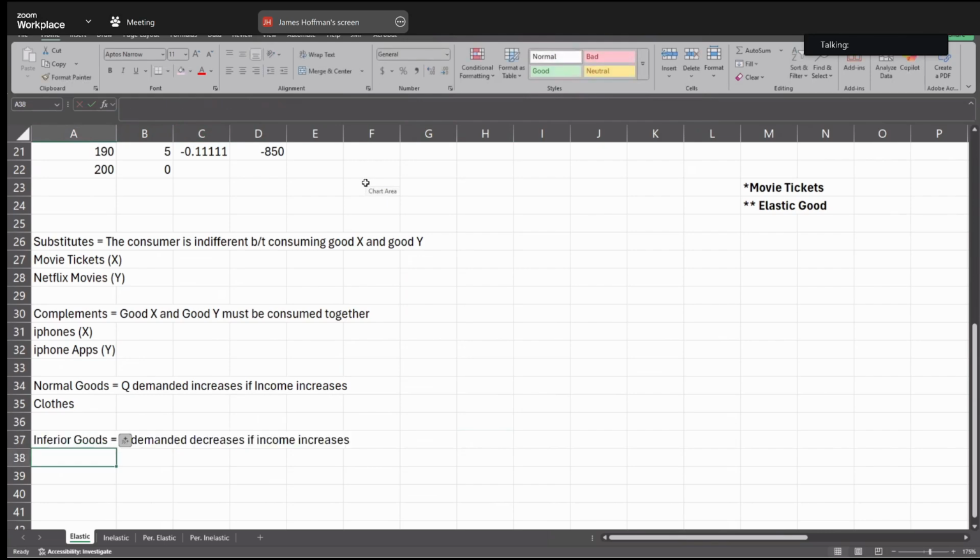So here you get more income, consumers buy less of it, or they get less income and buy more of it. It's the opposite. What is something like this?